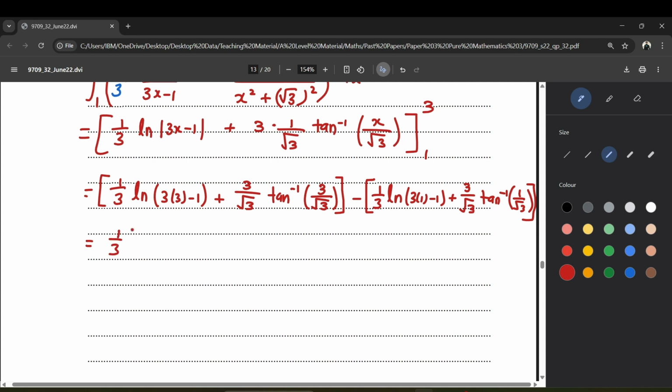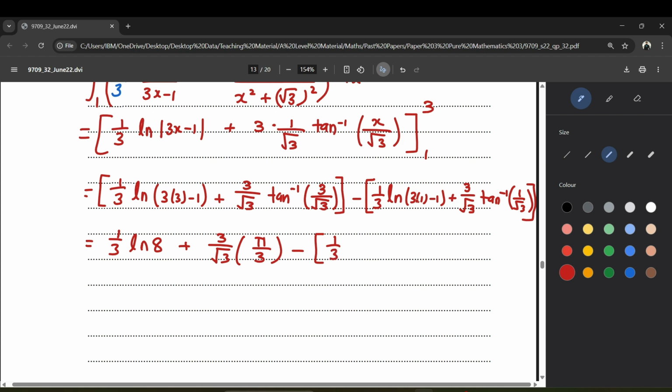So we have 1 upon 3 ln 3 times 3 is 9, 9 minus 1 is 8. So we have 1 over 3 ln 8 plus over here we have 3 over root 3, and if I work this out, that would be tan inverse of 3 upon root 3, which is pi upon 3, minus 1 over 3.